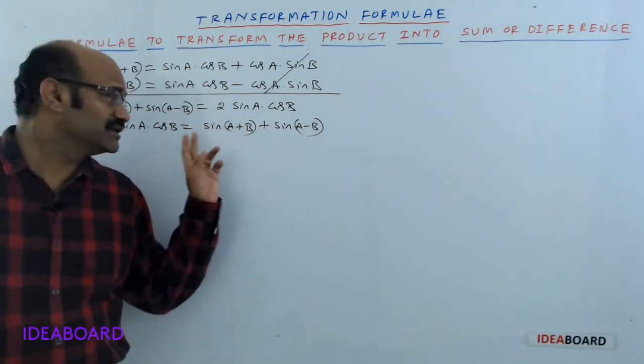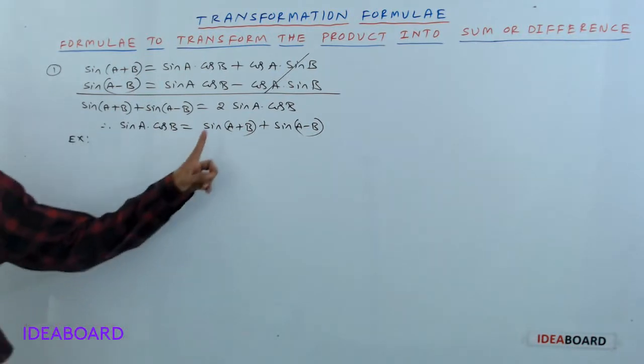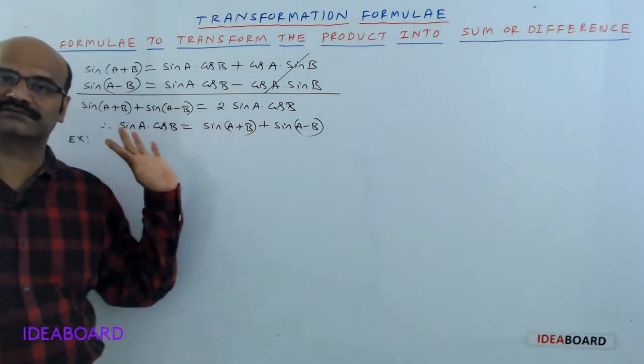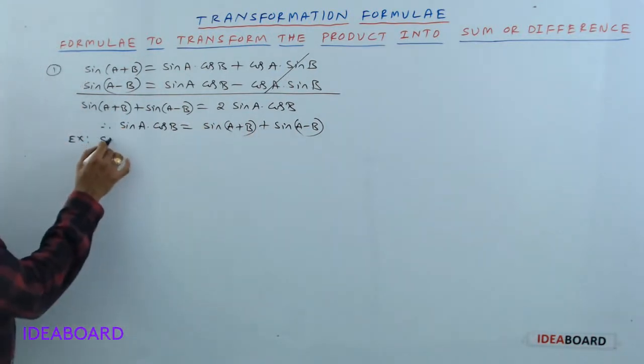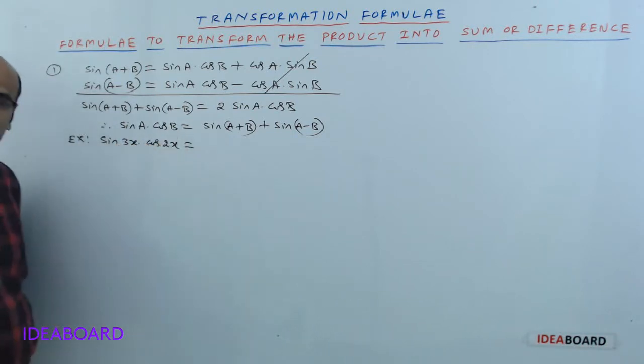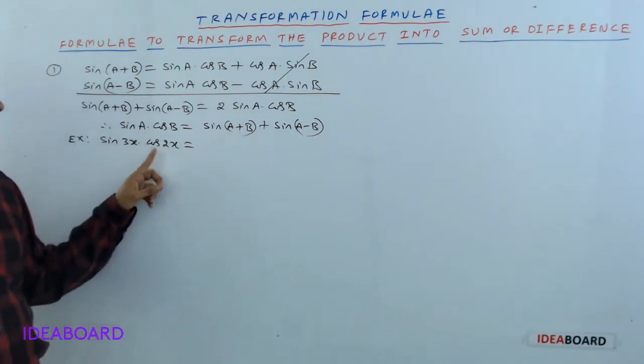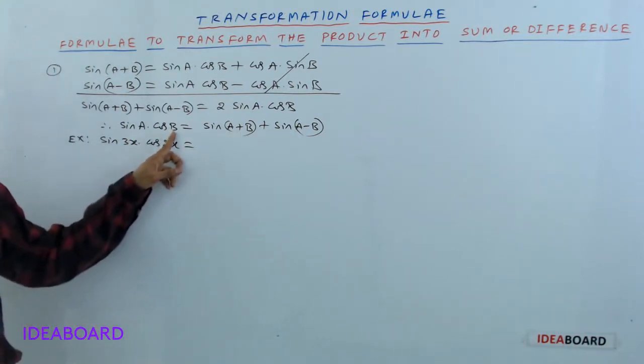Write sin 3x into cos 2x into sum of two trigonometric functions. For example, sin 3x into cos 2x, here A equal to 3x and B equal to 2x.